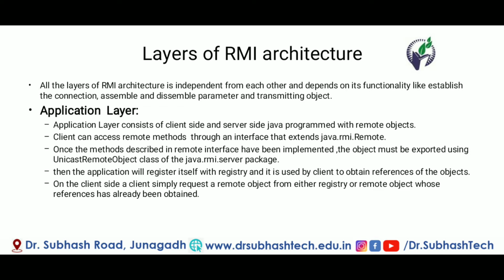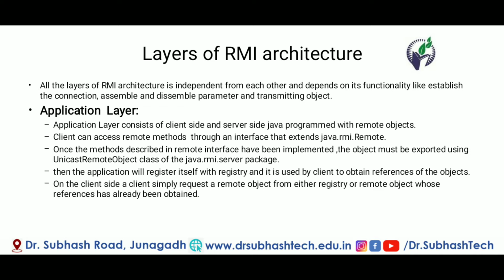The client can access remote methods through an interface that extends java.rmi.Remote. So you can see that remote methods are executed using the RMI Remote interface. When you use an RMI application, the Remote interface is used, and once the methods described in the remote interface have been implemented, the object must be exported using the UnicastRemoteObject class of the java.rmi.server package.